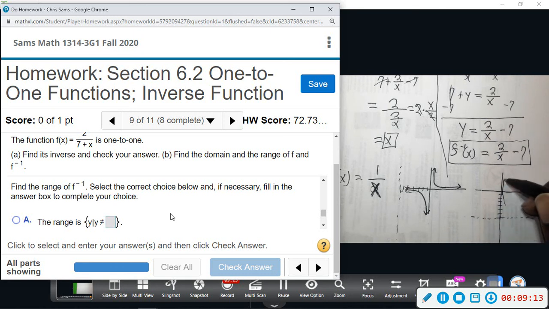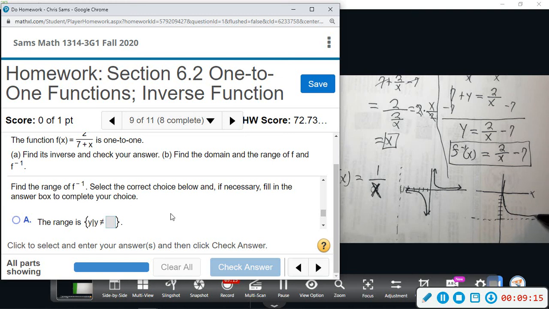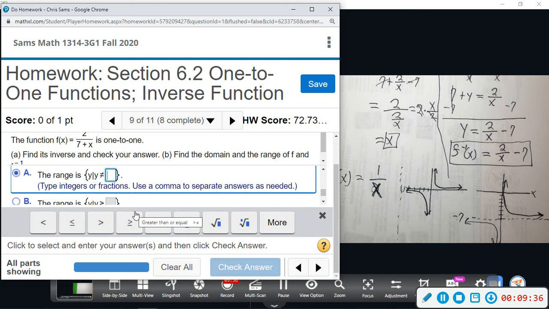It would go across the x-axis, but it won't cross the line y equals negative 7. It does the same general shape, because that's the parent function. So y equals negative 7, we cannot cross that line. That number will not be in our range. Y cannot be negative 7.